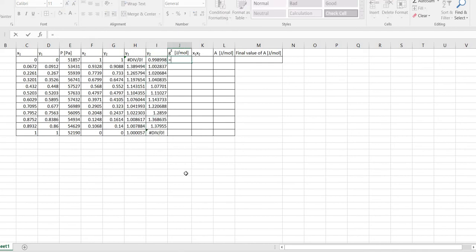To calculate the excess Gibbs energy, we're going to use R times T times x1 times the natural log of gamma 1 plus x2 times the natural log of gamma 2.